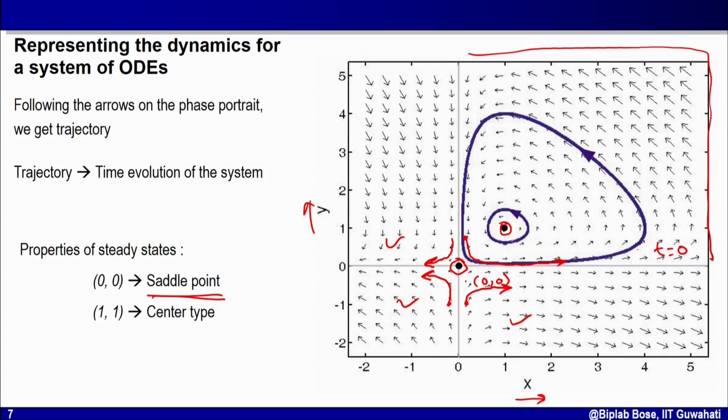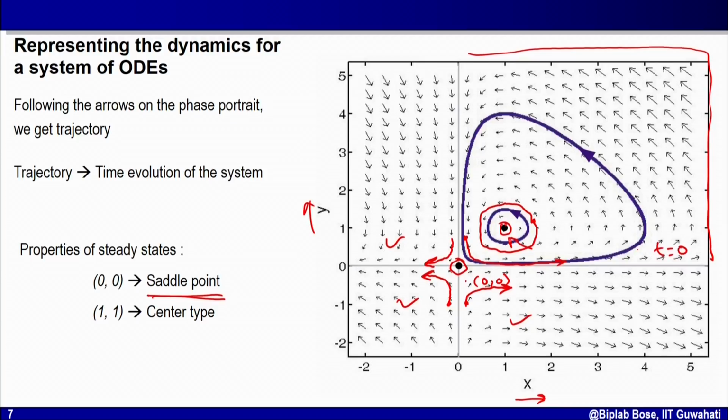Let us look into the other steady state, this one. Here, if I start somewhere close to this steady state, I will follow a closed loop. I will never reach the steady state, nor will I move away from it. Essentially, I am moving in a closed loop, giving rise to oscillation for x and y.